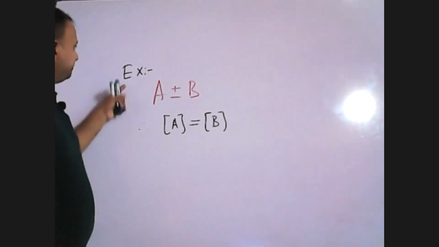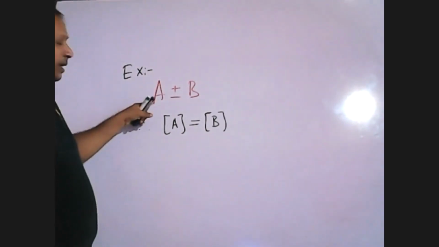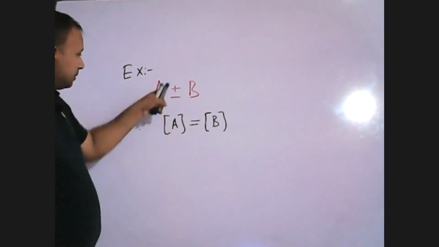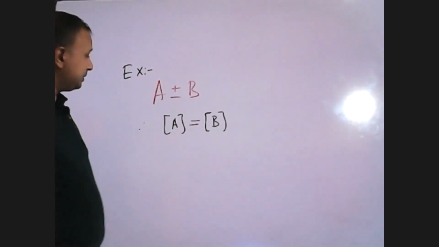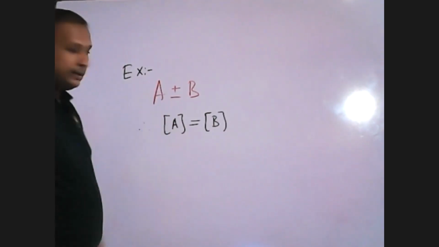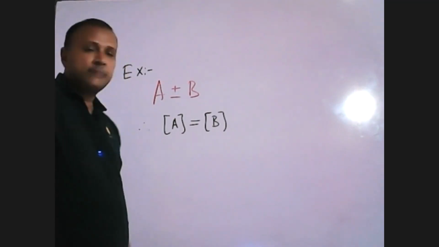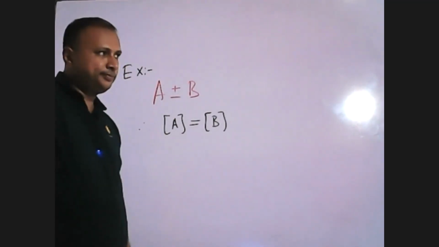As an example, if there are two physical quantities A and B combining with plus or minus, then the dimension of A should be equal to the dimension of B. That is the second factor.